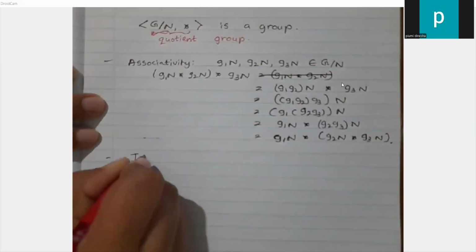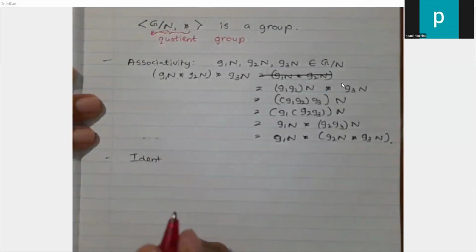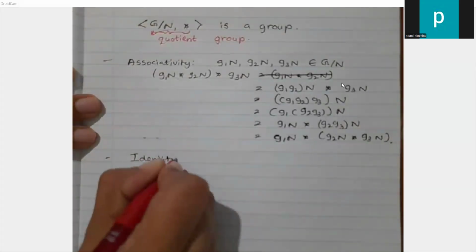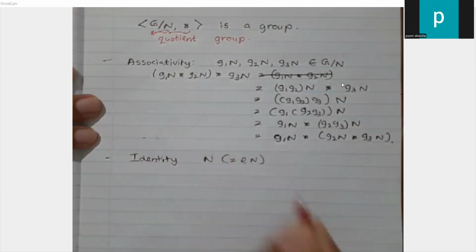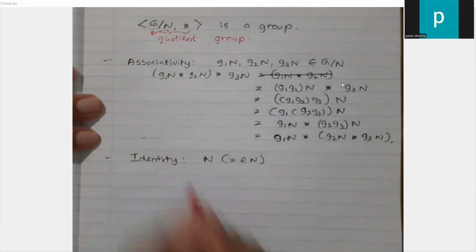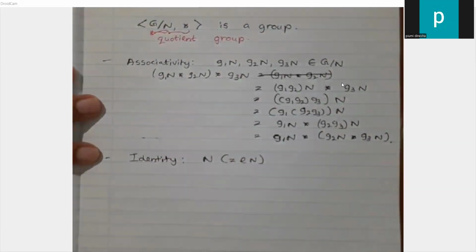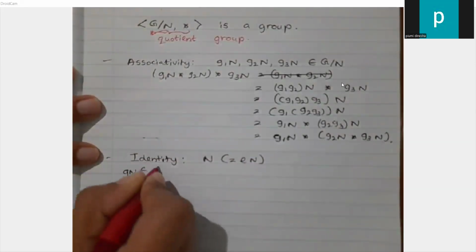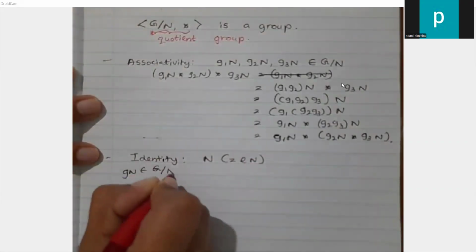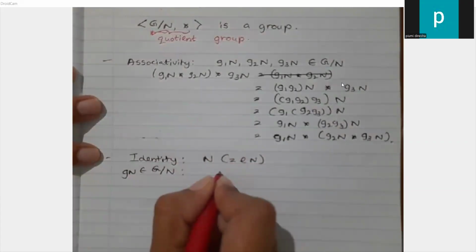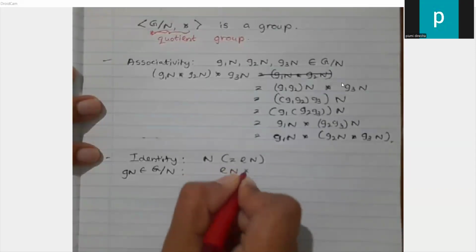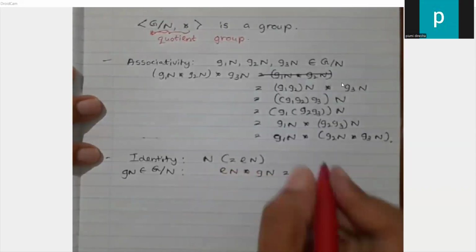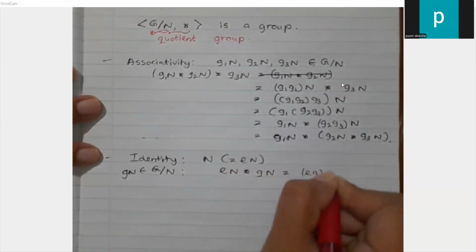Now we have to show that there exists a unique identity element for this group. The identity is actually given by N, which is the normal subgroup itself. Identity is N, which is equal to the identity times N. To see that it satisfies the condition of being an identity, let's take any element gN from the quotient G over N. Then N, which I will simply write as eN, star gN, by definition of star, is egN.